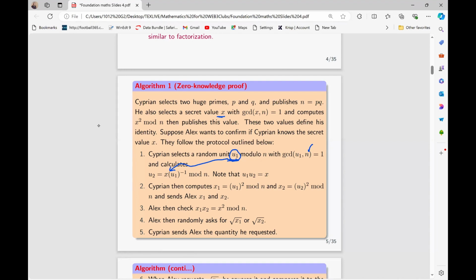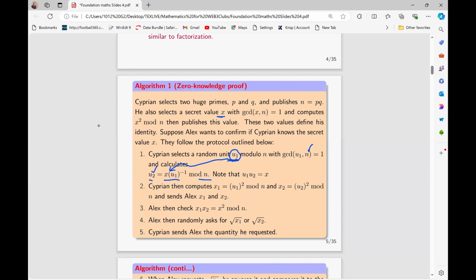I'll be showing an example. This product gives another number mod n, and this number is u2. So he chose u1, which is relatively prime to n, then got its inverse, then multiplied this inverse by x to give another number, u2.